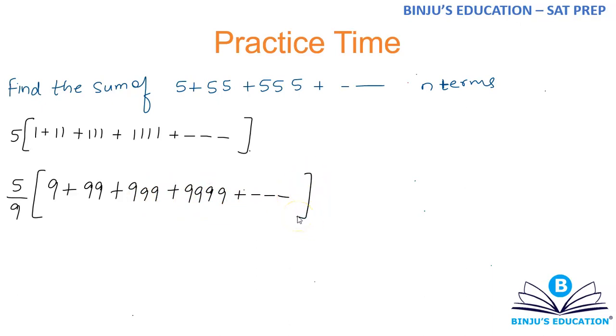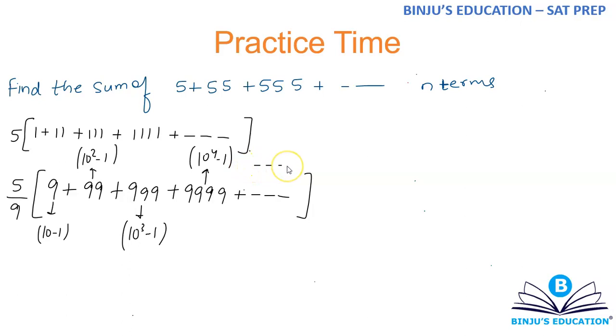Now this 9 can be written as 10 minus 1. This 99 can be written as 10 square minus 1. This 999 can be written as 10 cube minus 1. The 4-times 9 can be written as 10 to the power 4 minus 1, and so on.